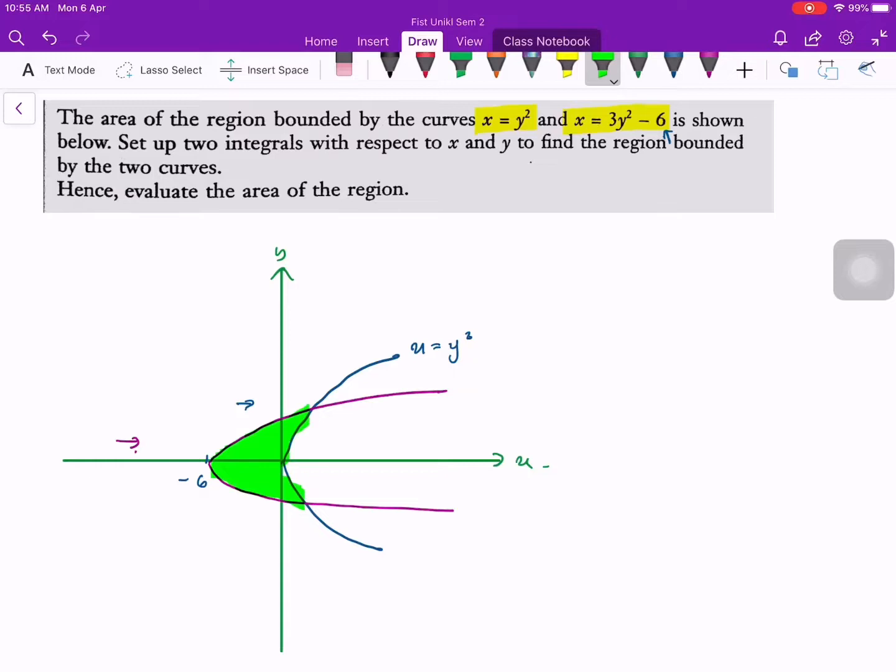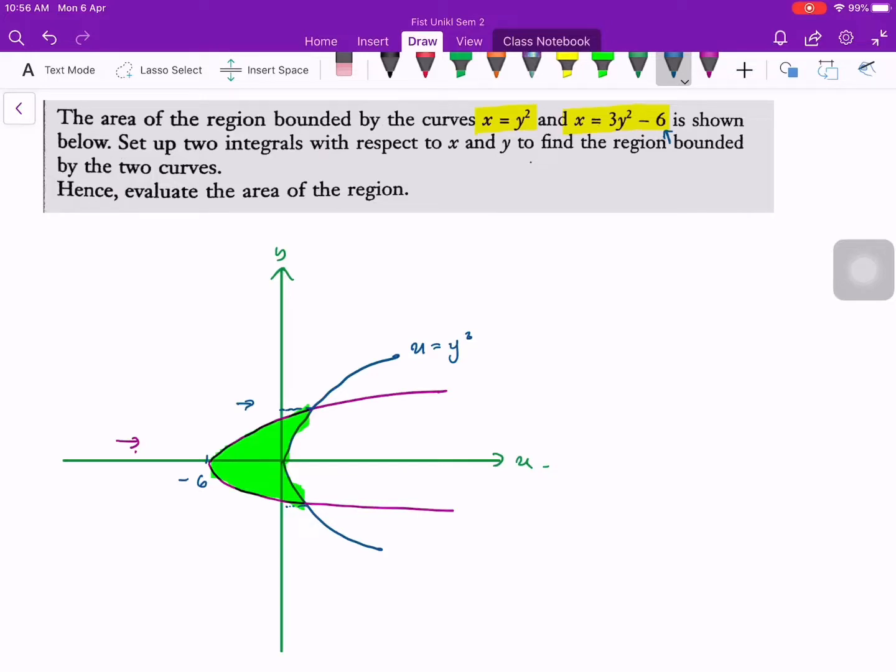In order to find this region, in this case we will do the integration in terms of y. Because why? It's easier for us to find the region bounded between these two curves, whereby if we get the values of y here, it will cover all of the region bounded between these two curves.